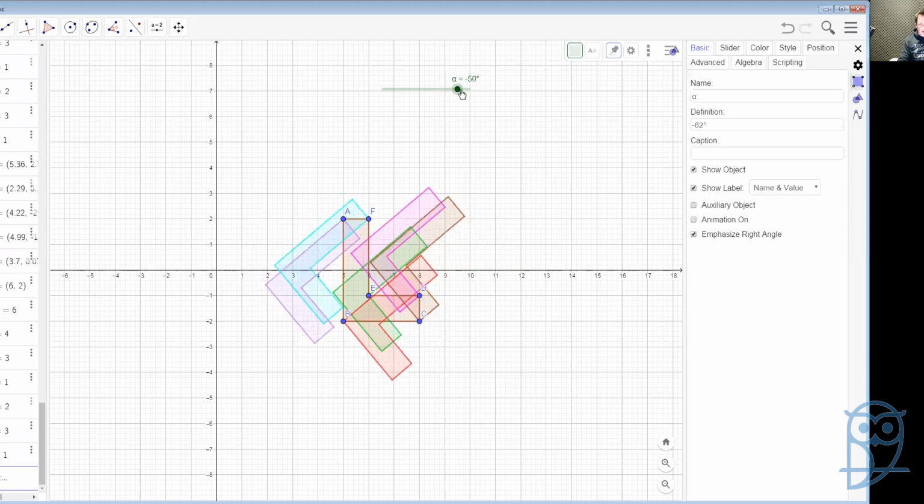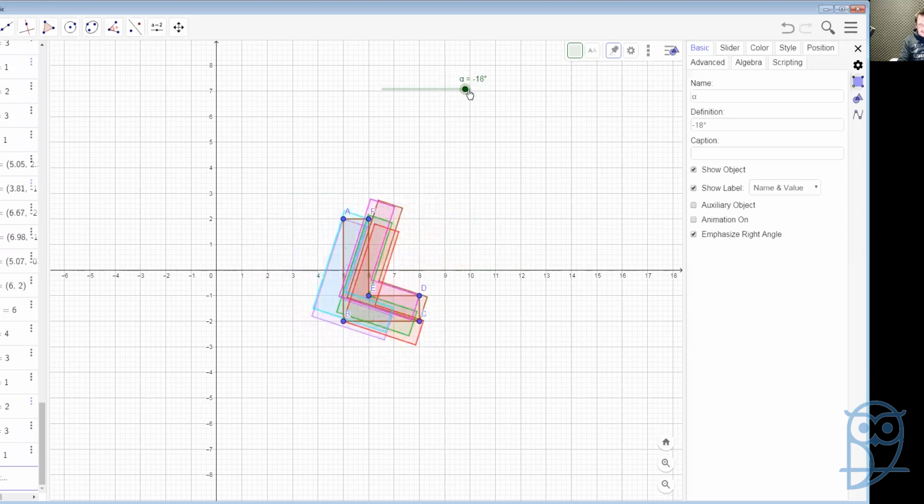And then they all fold nicely and neatly back onto the original, which is really cool. So that is what rotation is. And that's why it's important that when you specify rotation, you don't just specify a number of degrees or a direction, clockwise, anti-clockwise. You need to specify about what point it is being rotated. Unless it is specified in the question, you need to mention this.